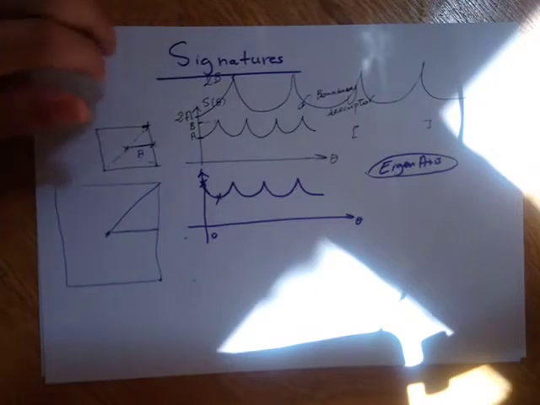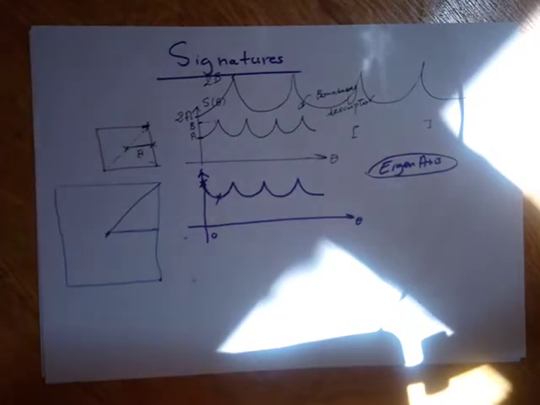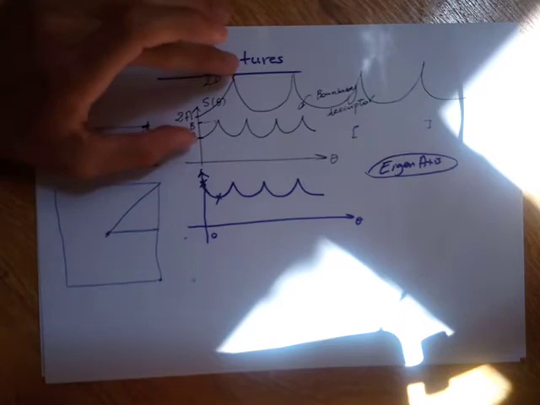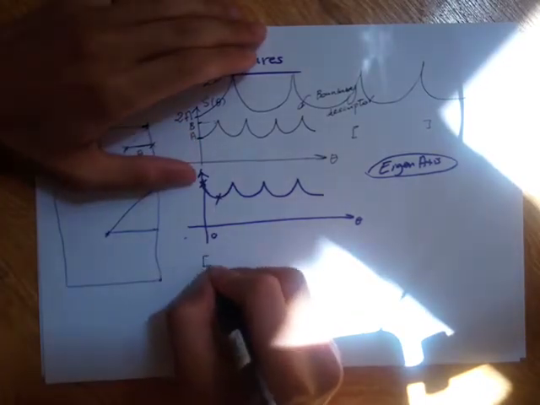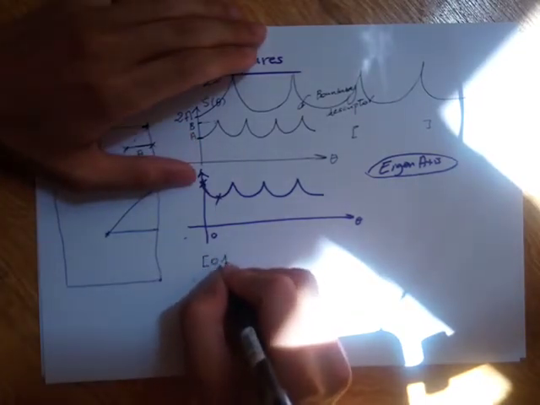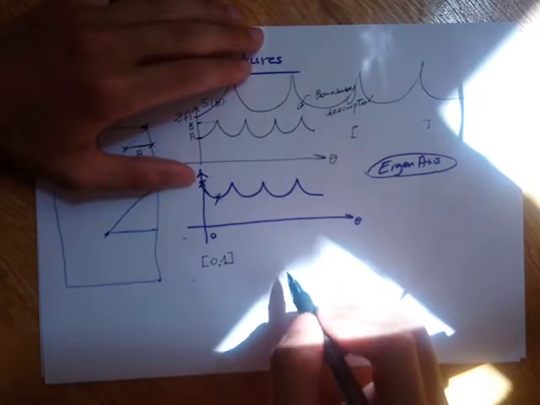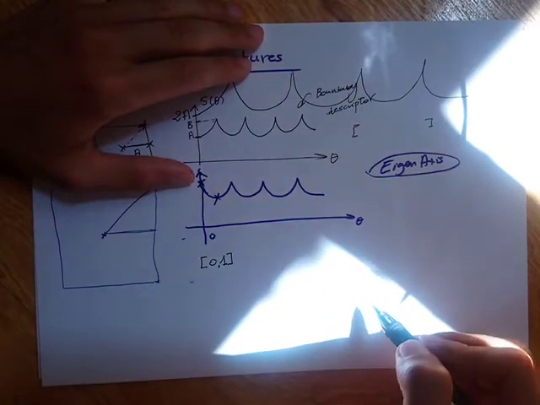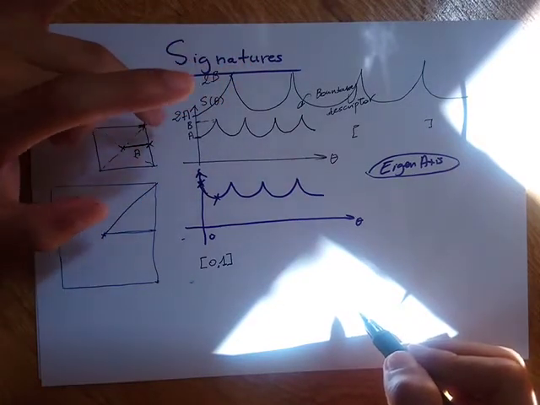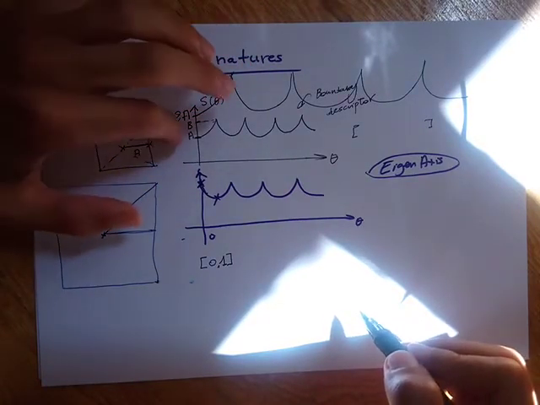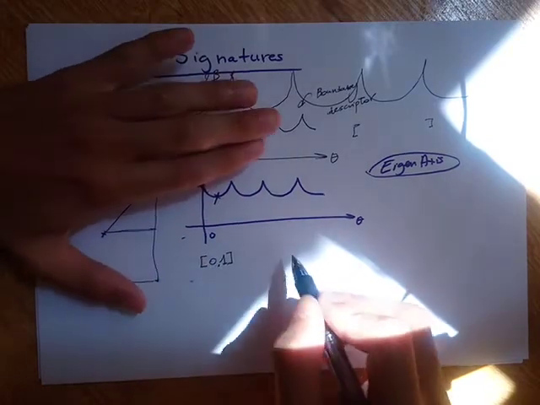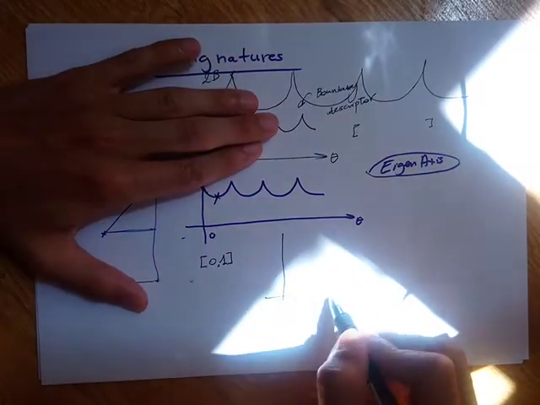So to deal with that, we need to bring this signature to the range 0, 1. And the way to do this is, again, by taking the minimum value and the maximum value and mapping all my samples in my signature into that range. So this is what I should do. I should create a function like this one.